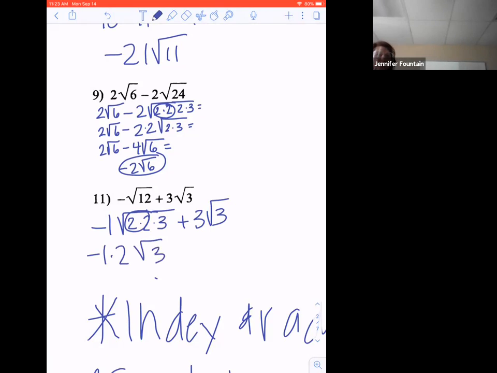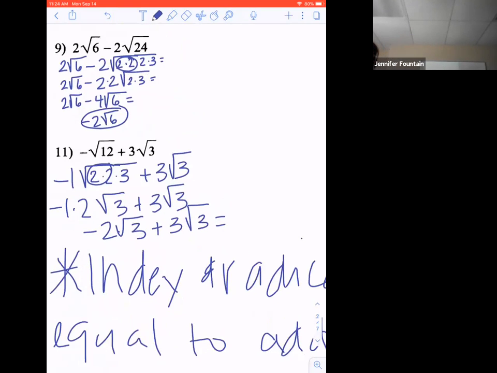I have a square root of 3 that's left over. So now negative 1 times 2 is going to be negative 2 times the square root of 3 plus 3 times the square root of 3, which is going to equal what? Negative 2 plus 3 is going to be a positive 1 times the square root of 3, so I can just leave that as the square root of 3.